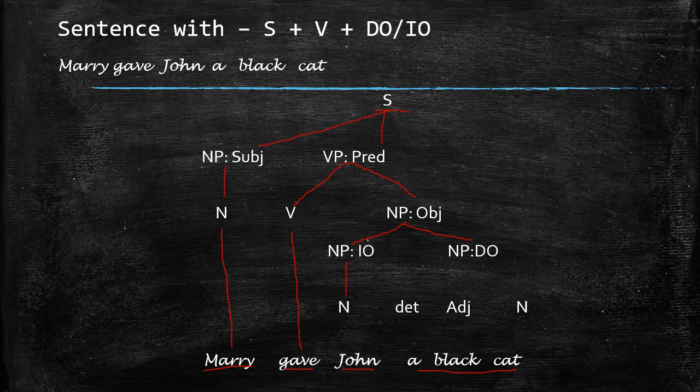And the direct object, we have a phrase, a black cat, so you have to make it into three. A is a determiner, black is an adjective, and cat is a noun. So you make a line, a black cat, like that. So that's the tree structure.